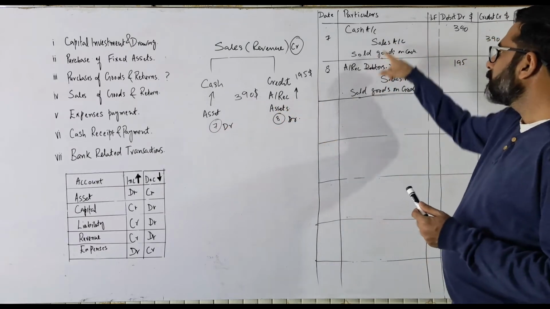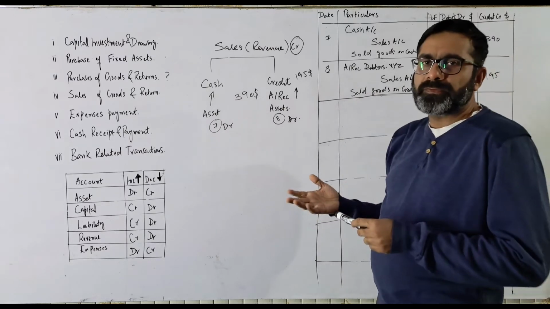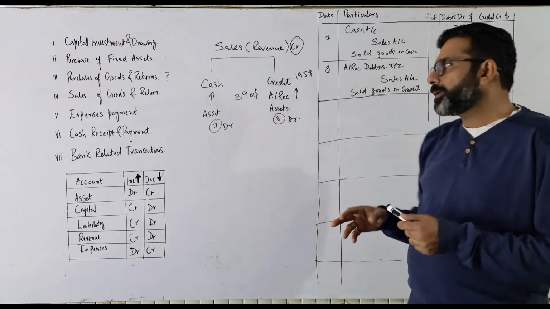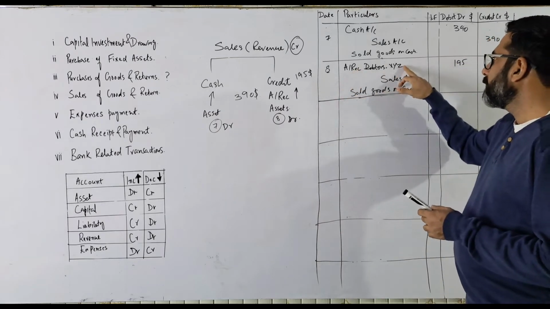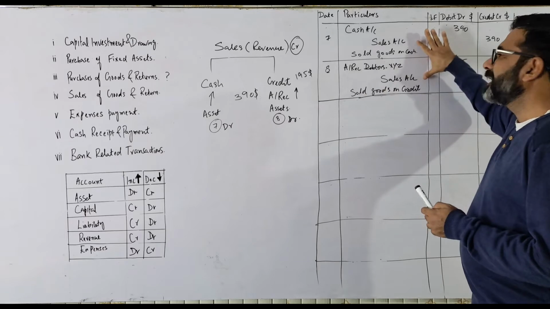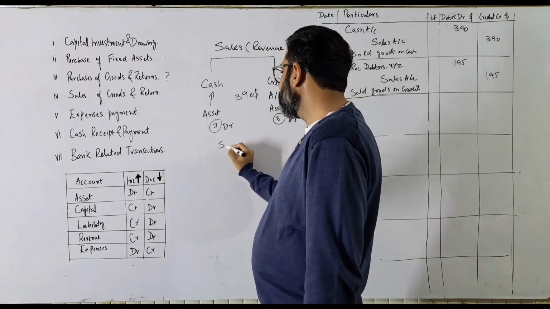Otherwise, if they are not receiving the cash immediately, they are receiving a promise that the customer will pay after 5, 10, 15 days according to the credit terms, so the account receivable or the debtors will be debit. But in both cases, the sale is credit. Now there is a possibility of sales return.